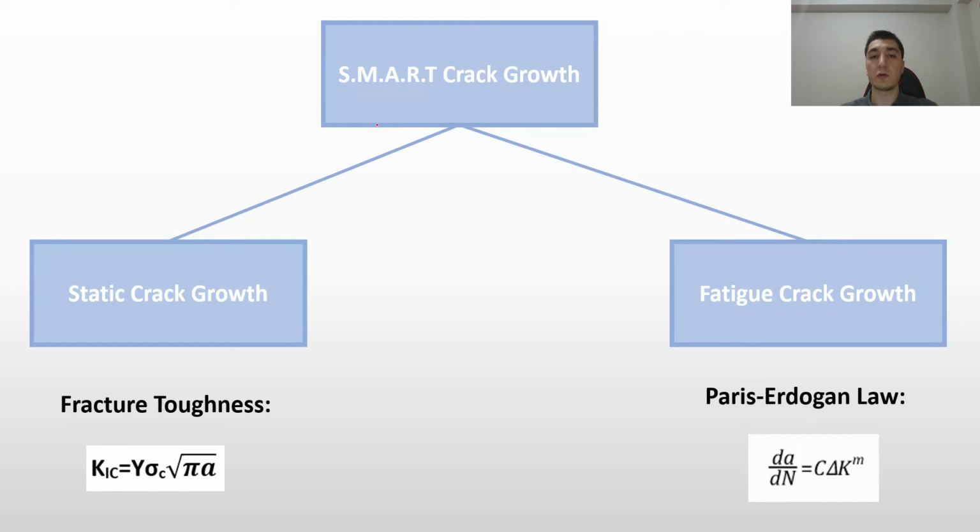And by the way, according to this theory, crack growth is driven by the stress intensity factor. So let's continue. Static crack growth uses fracture toughness to evaluate crack growth, and there is a formulation of the fracture toughness or stress intensity factor.